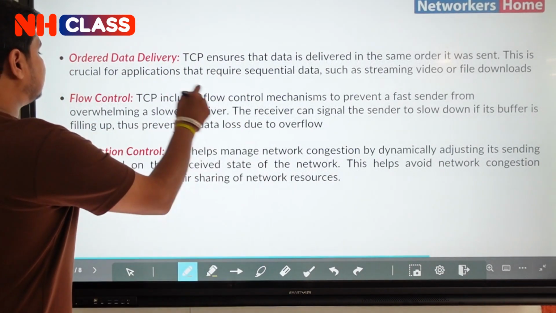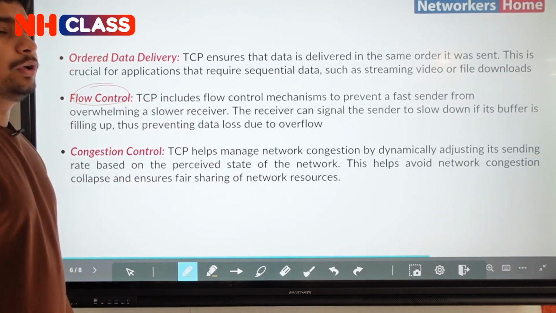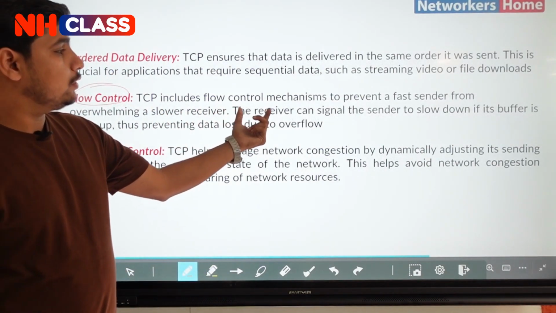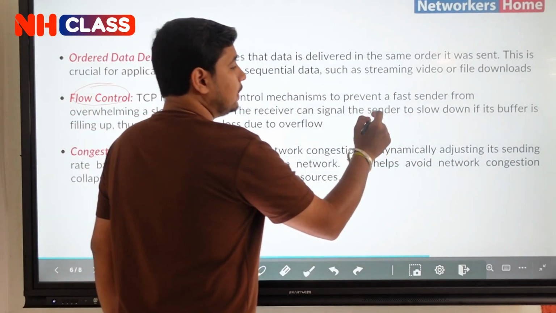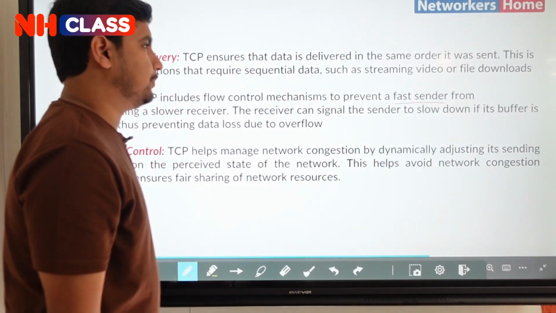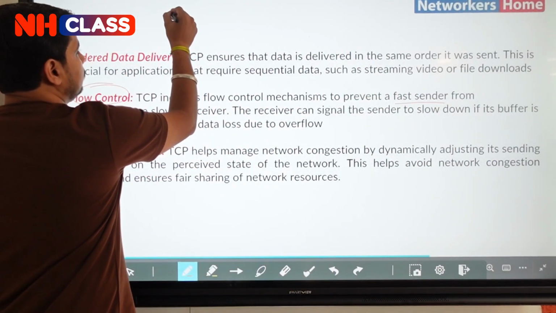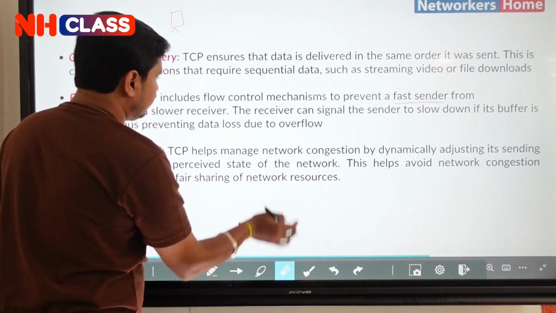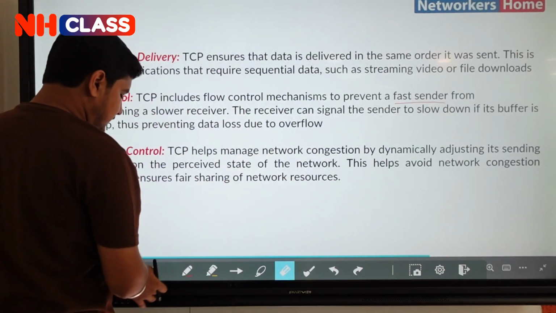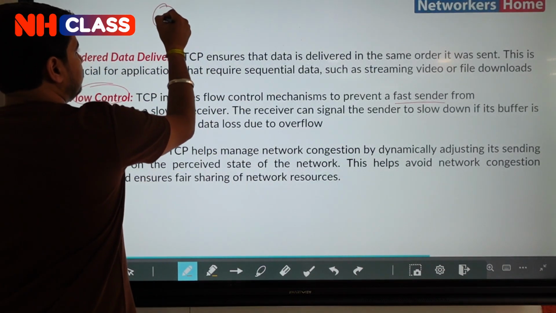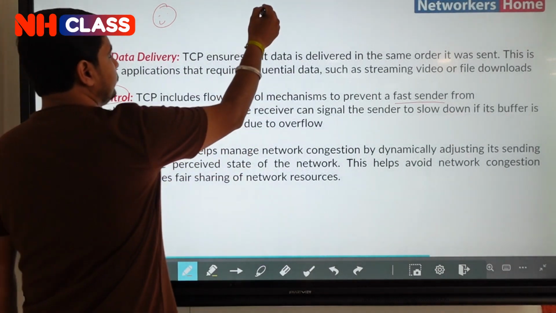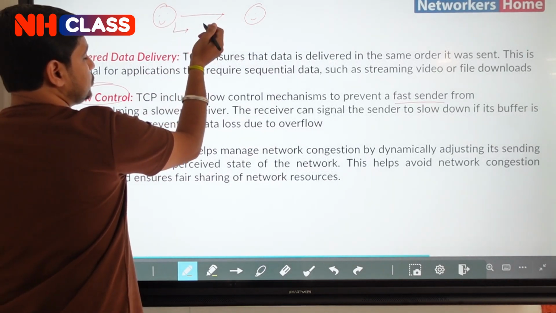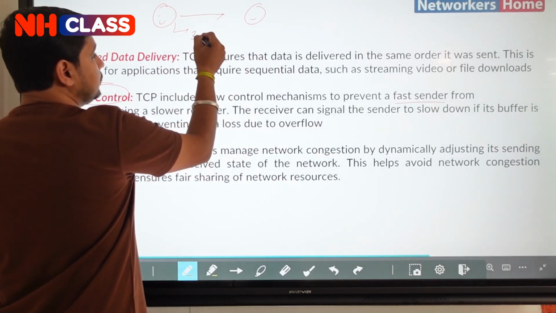Now, the next is flow control. What exactly is the flow control objective? TCP includes a flow control mechanism to prevent a faster sender from overwhelming a slower receiver. For example, let's consider this is your trainer and this is you, and your trainer is delivering the lecture so fast, almost 3 hours continuously.